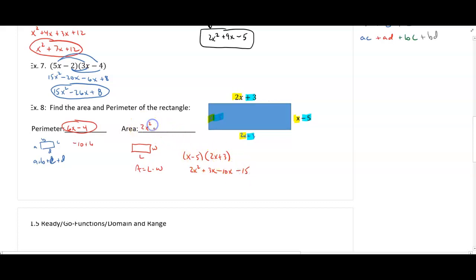So 2x squared minus 7x minus 15. Okay, so simplifying expressions is a big part of math, so make sure you understand it, okay?